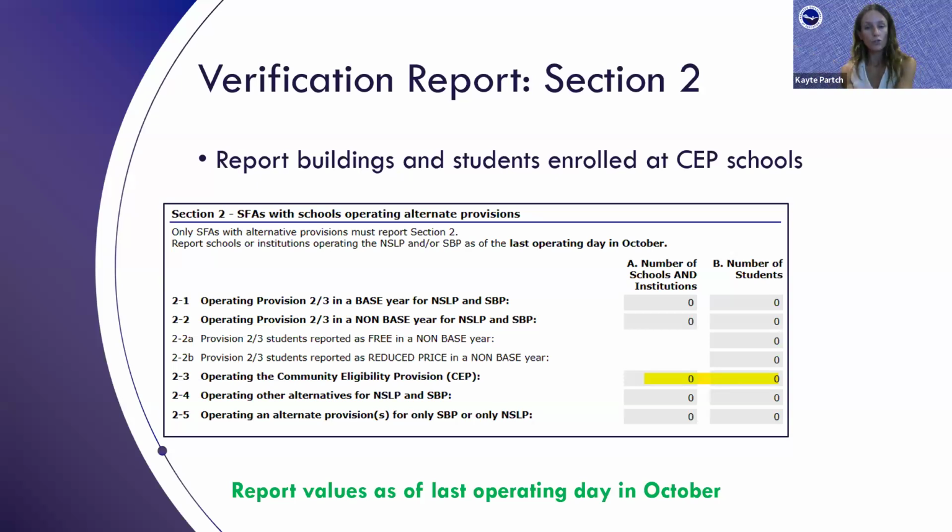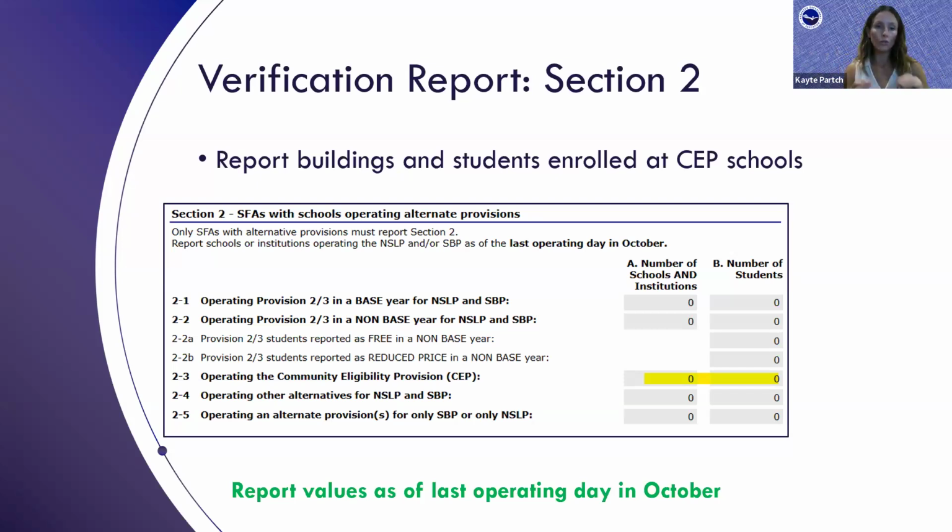So if you're a district with a mixture of pricing and non-pricing, the values here in section 2 are not going to be representative of all of your buildings. It should not be a count of all buildings that participate in the school meals program, nor would it be a count that reflects all of the students enrolled in your district, because you need to pull out those buildings and the students enrolled that participate in the traditional pricing program.